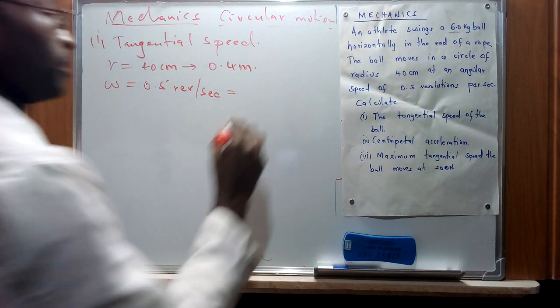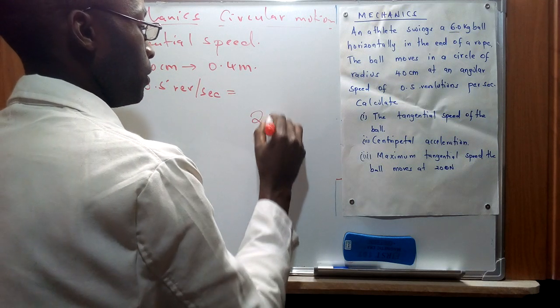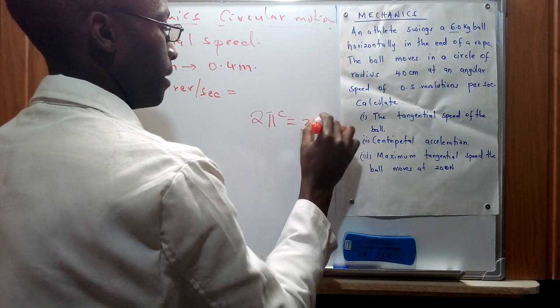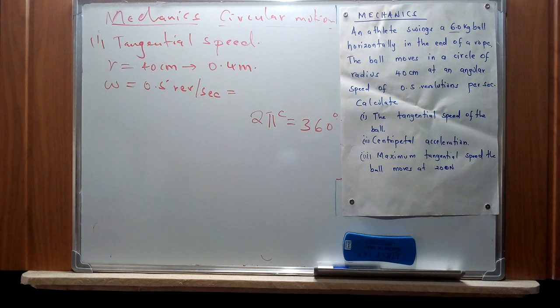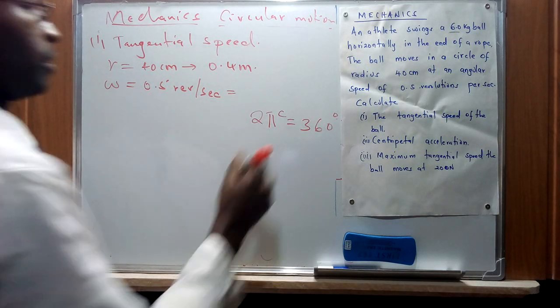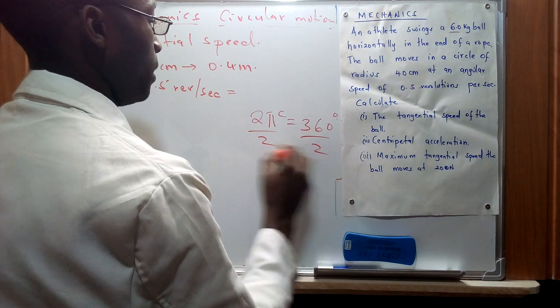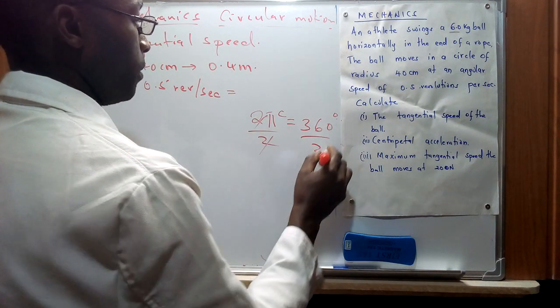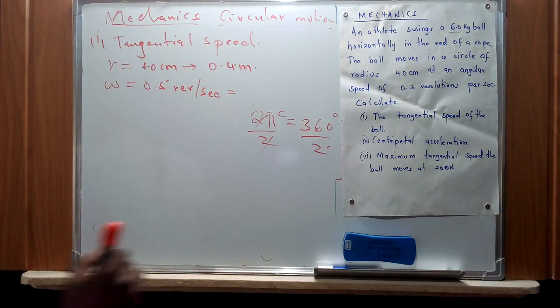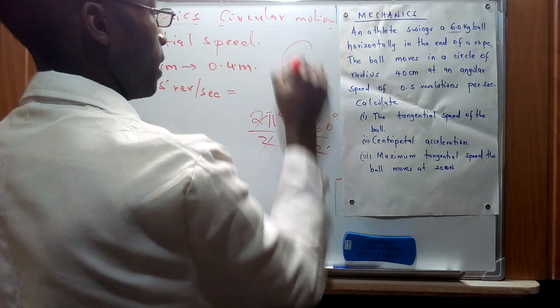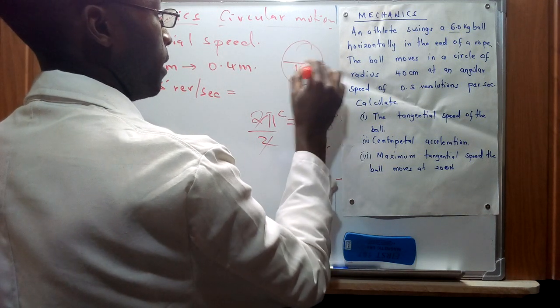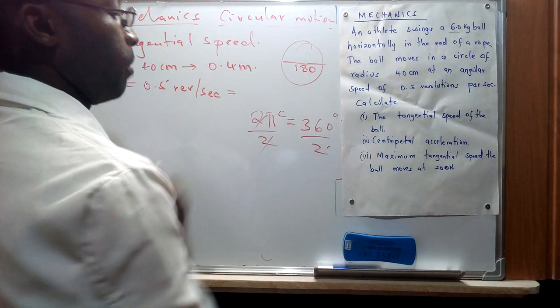And if we say that 2 pi radians represent 360 degrees, therefore a half revolution will represent this divided by 2. So a revolution for a circle is 360 degrees, and half a revolution will represent 180 degrees.